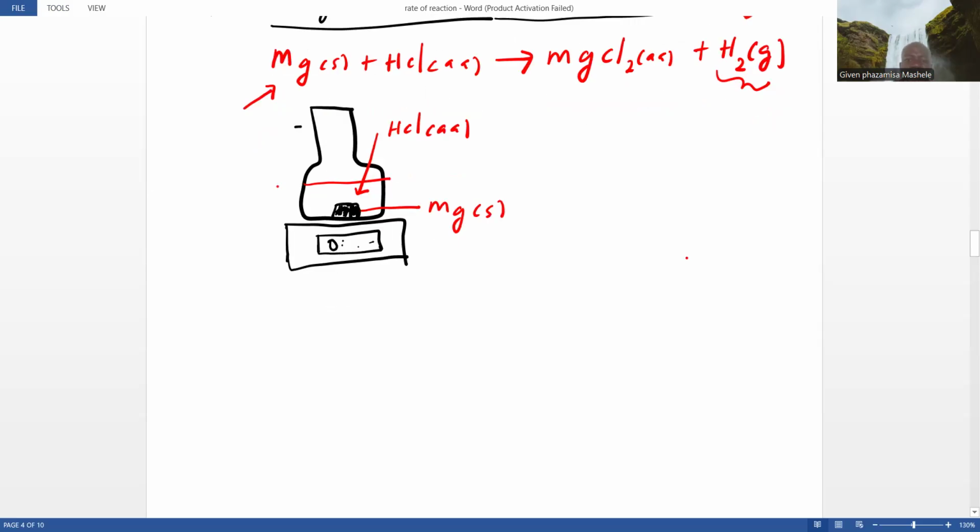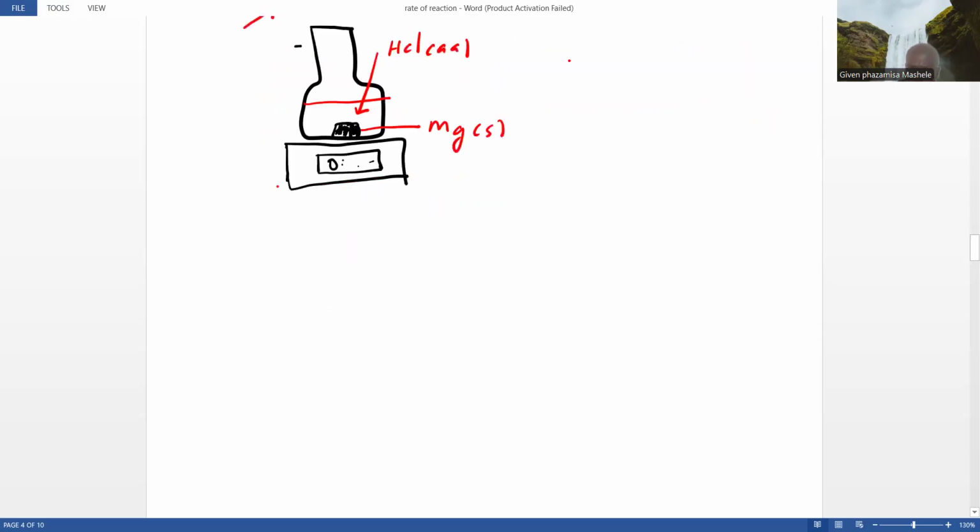So now we'll be recording and comparing the changes in mass against time. Graphically, we will have something like this. On the y-axis, we'll have the mass of the substance in grams, and we compare this against time.